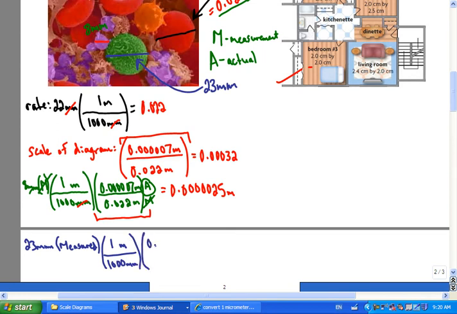And according to the diagram, there's 0.07 meters for every 0.022 meters that we measured.